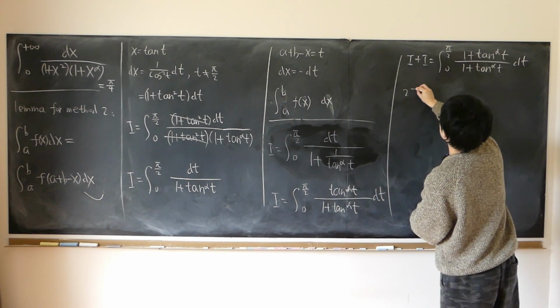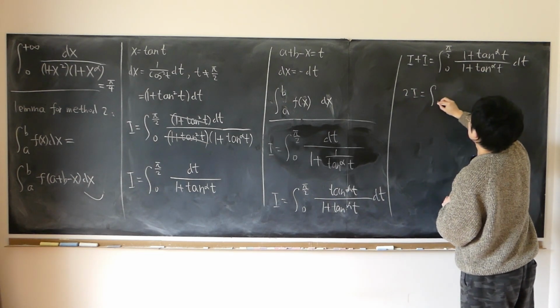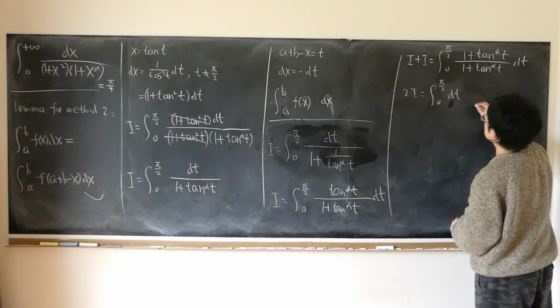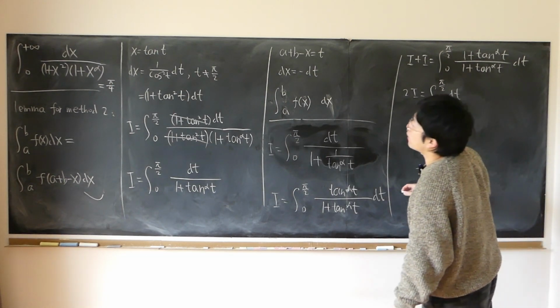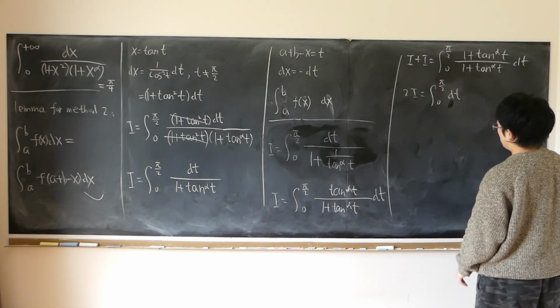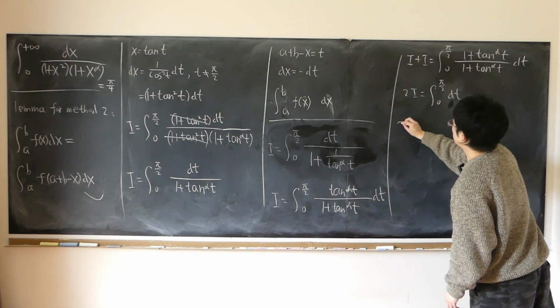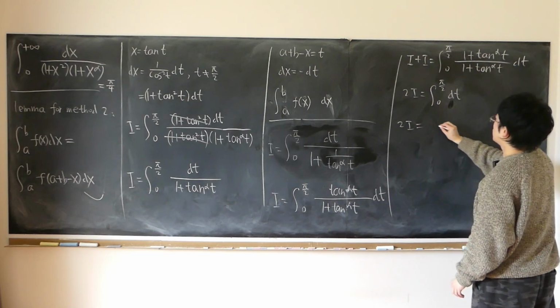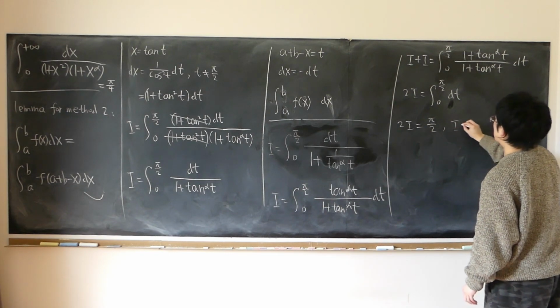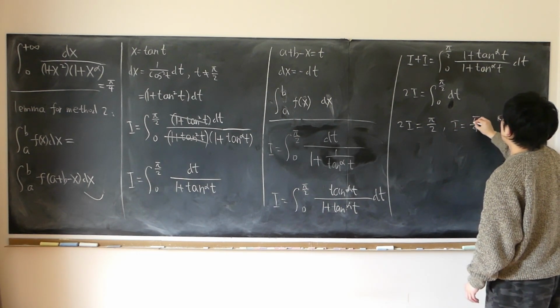So 2I is equal to the integral from 0 to half pi of just dt. Of course, we require t does not equal half pi, but t could approach half pi, so there's no problem with that. So 2I is equal to half pi, so I is equal to pi over 4.